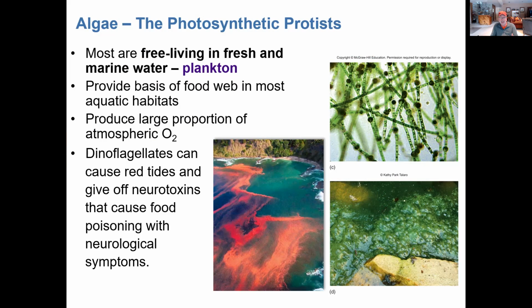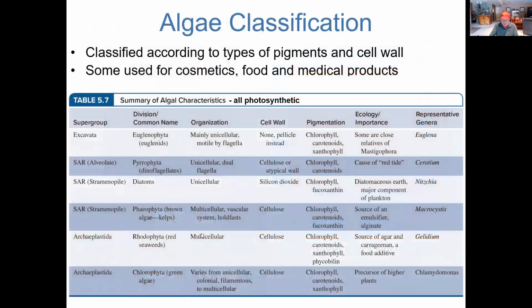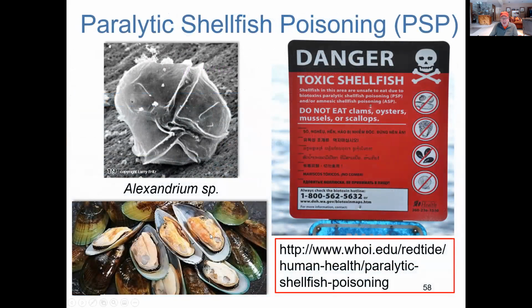Now, it doesn't kill the shellfish, surprisingly, but these toxins can build up in the muscle of the mussel. And if you eat the mussel, the clam or the oyster or the mollusk that has filtered that water rich in the neurotoxins, you then ingest those toxins and you come down with something called paralytic shellfish poisoning.